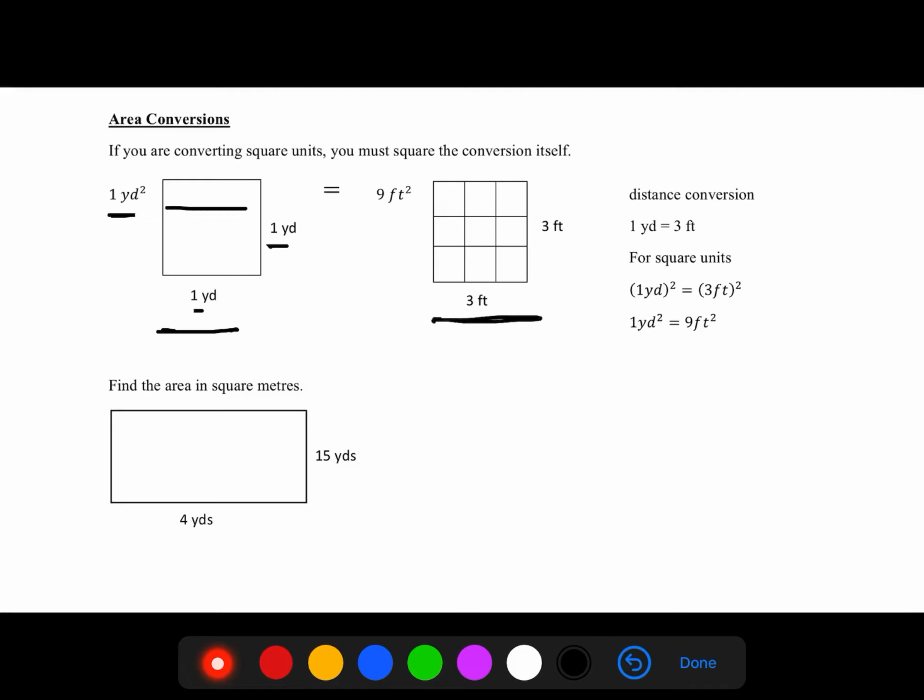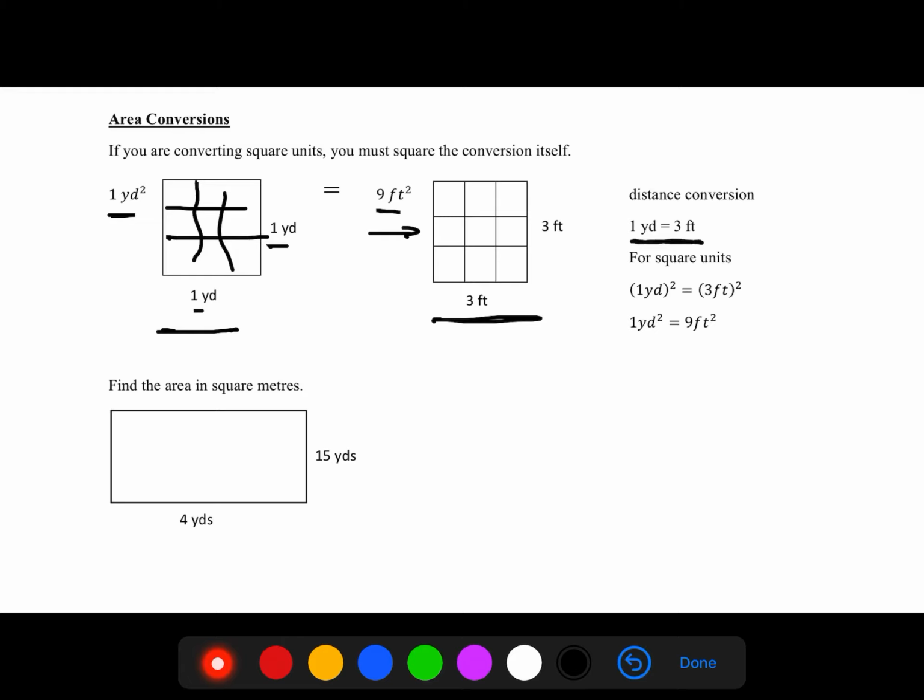And if we wanted to change that into feet, we recognize that each yard has 3 feet, which means we are going to have 3 feet times 3 feet, which gives us 9 square feet.